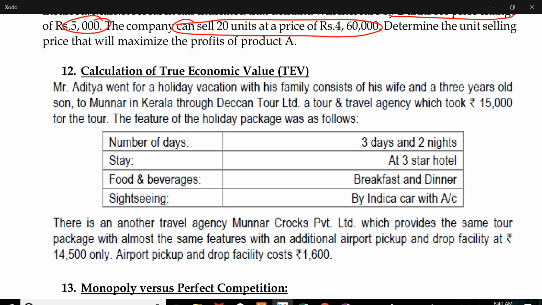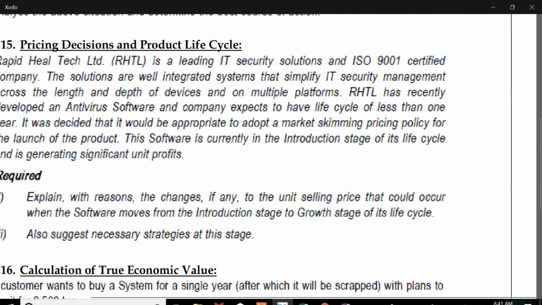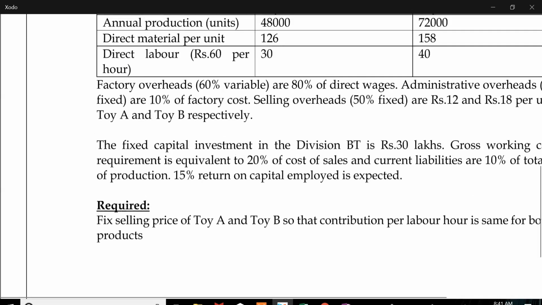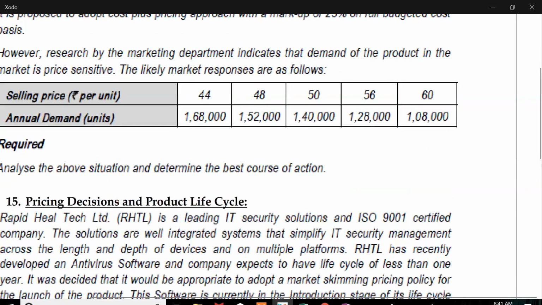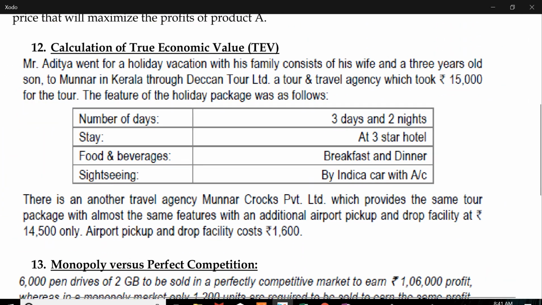Go through question 12. Okay, now they've asked us to calculate true economic value.